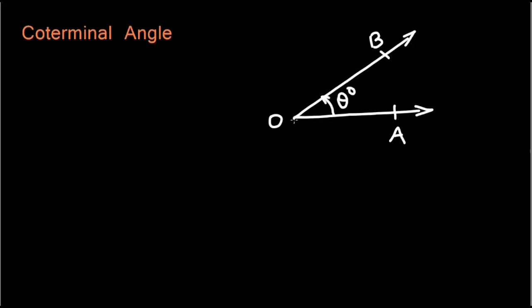If we rotate ray OA in anticlockwise direction by 360 plus theta degrees, it will again take the final position of ray OB. Then this angle theta and the angle 360 plus theta degrees are called coterminal angles.